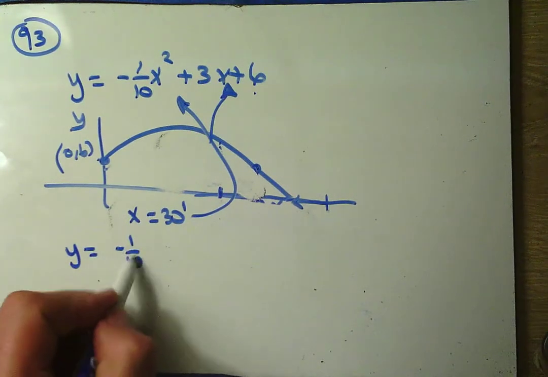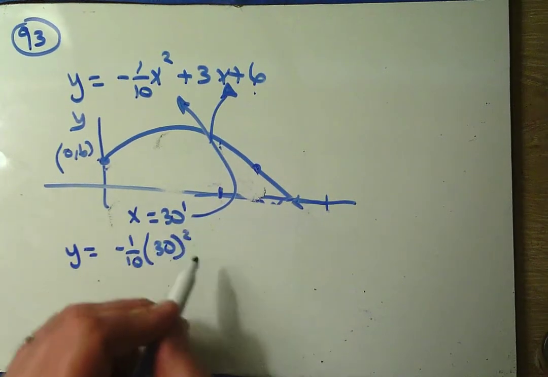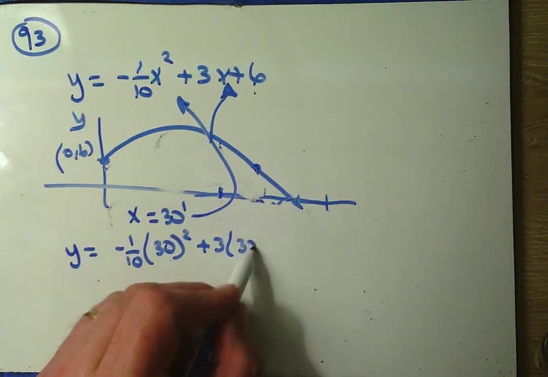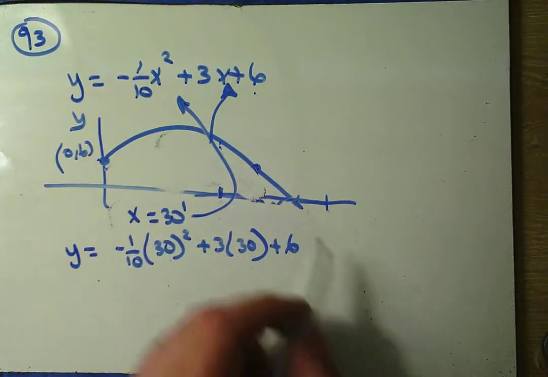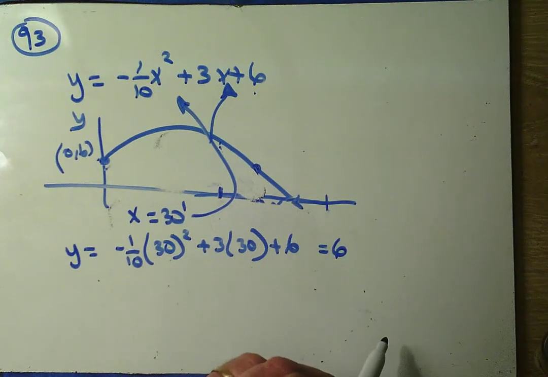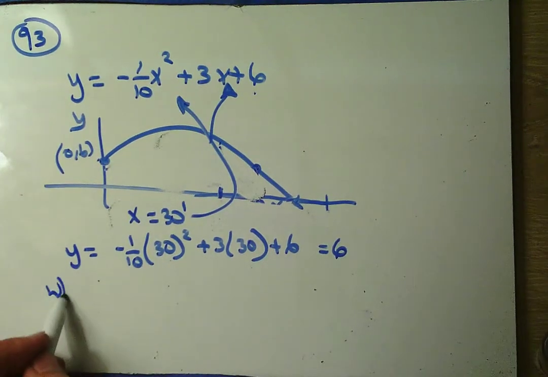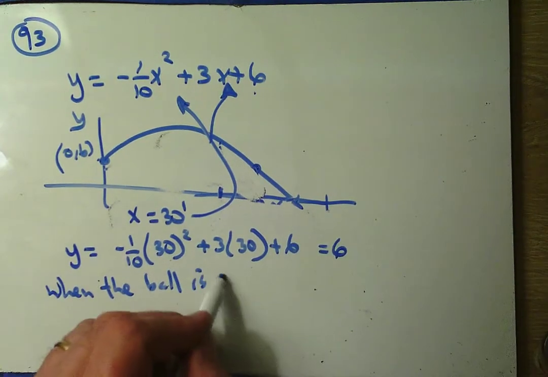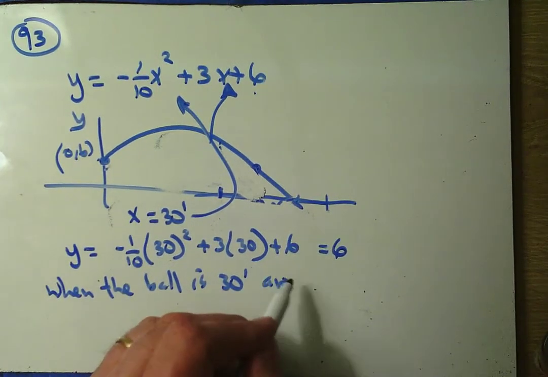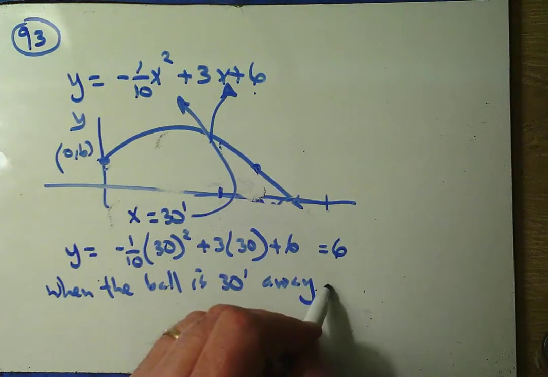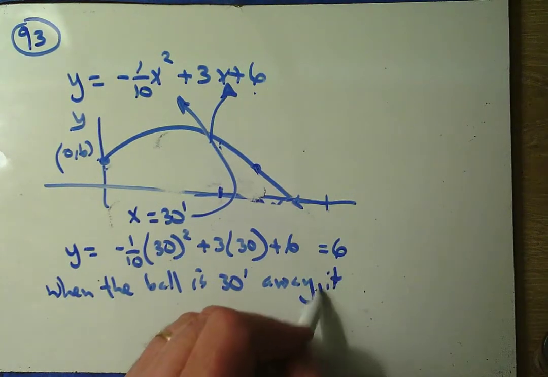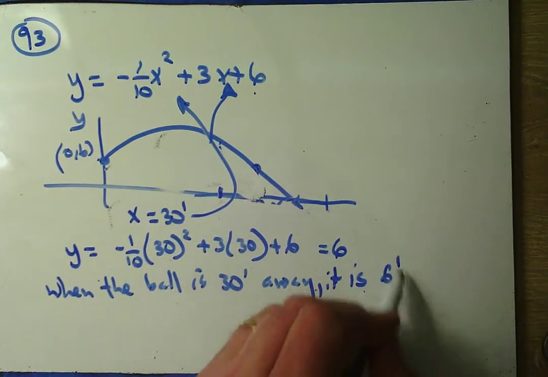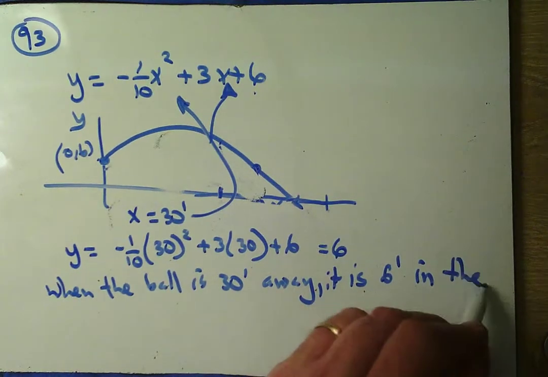Y equals negative 1/10 times 30 squared plus 3 times 30 plus 6. Well, I get 6. That means when the ball is 30 feet away, it is 6 feet in the air.